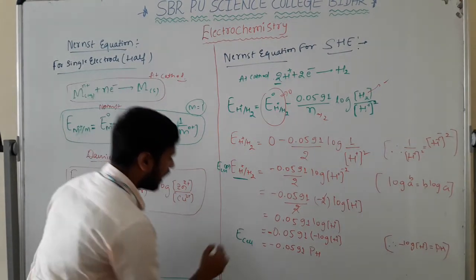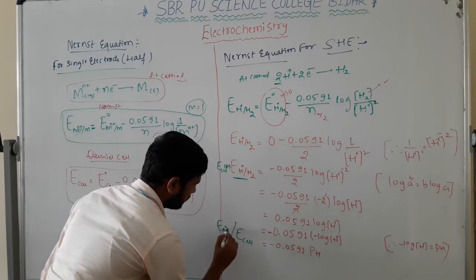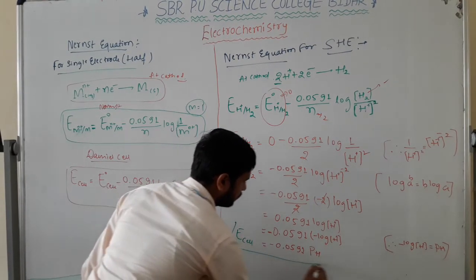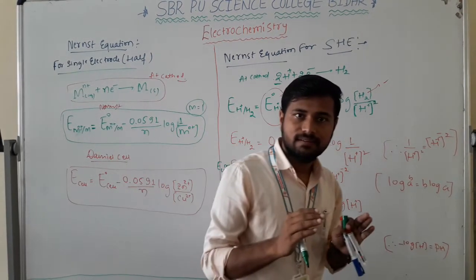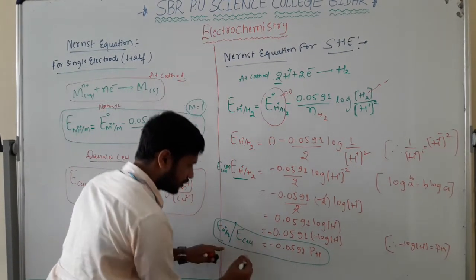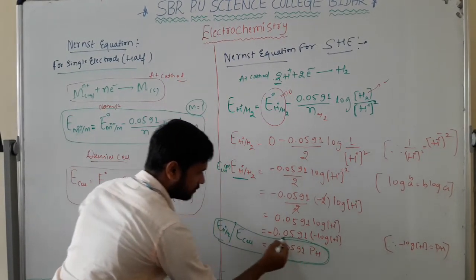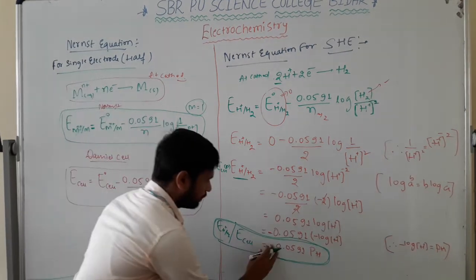E cell or E of H plus, H2, the standard electrode potential for the SHE in terms of the Nernst equation, reduces to minus 0.0591 pH.